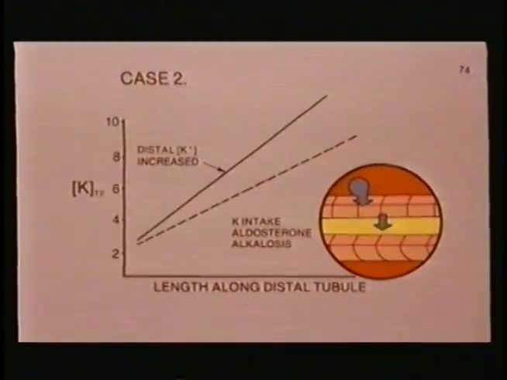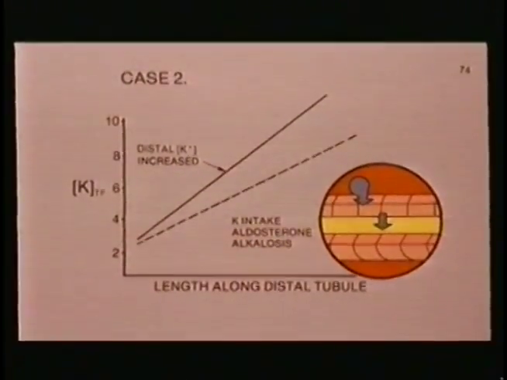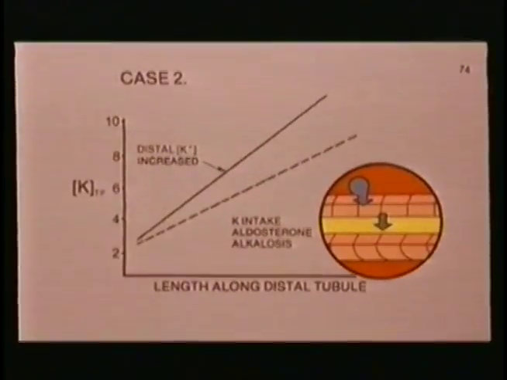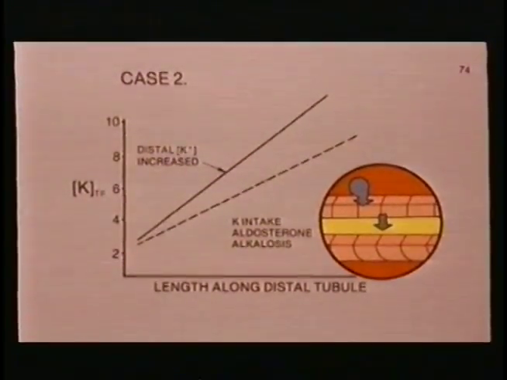Data from micropuncture experiments show that the behavior of the distal tubule usually conforms to either the second or the third case. In some situations when potassium excretion is increased, distal potassium concentration is increased.